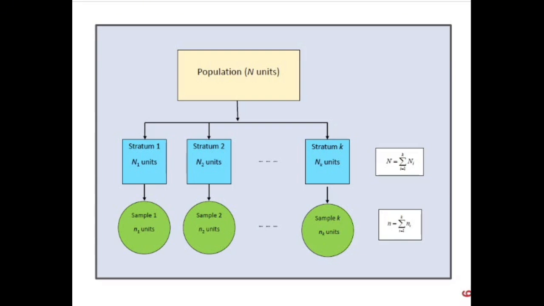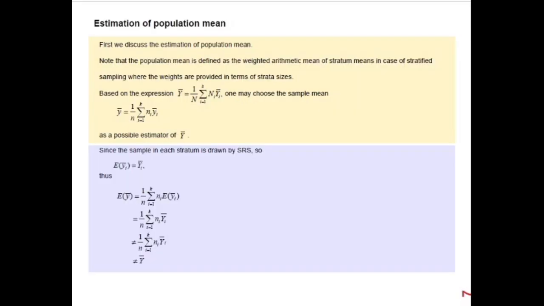From stratum 2, we are drawing the sample, and like that we continue. This is a combined picture of stratified random sampling, which you can easily understand. So the estimation of the population mean is a very, very important task and a very, very important theorem.